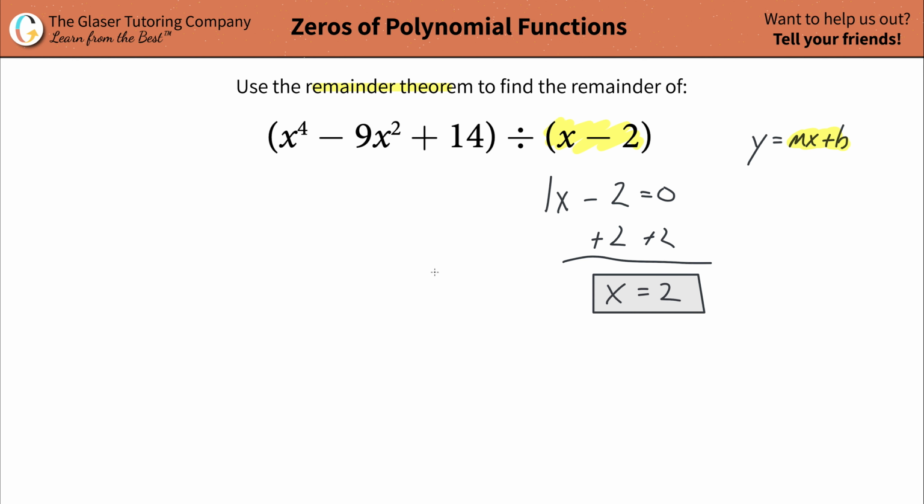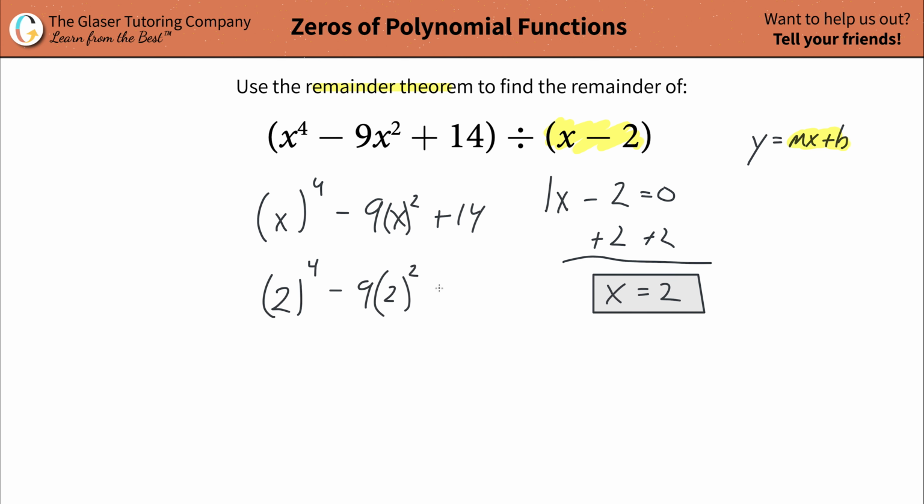So I'm going to take this function, x raised to the fourth minus 9x squared plus 14, and inside the parentheses I'm going to plug in the value of 2. So it's 2 raised to the fourth minus 9 times 2 raised to the second plus 14. 2 raised to the fourth is 2 times 2 times 2 times 2.